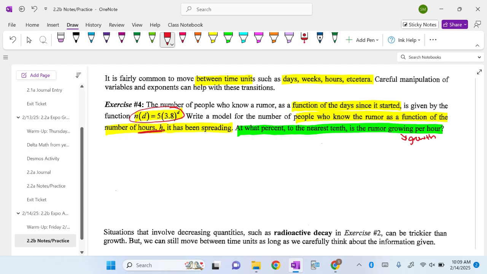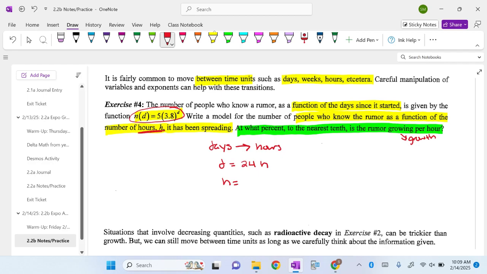So let's talk about this. If we're looking at days to hours, how many hours are in a day? 24. All right. So if we're going from days to hours, 1 day equals 24 hours or 24H. So that means that 1 hour H is equal to what?